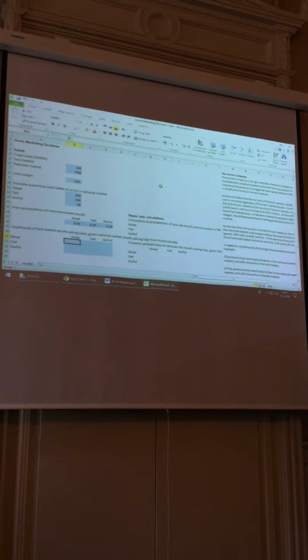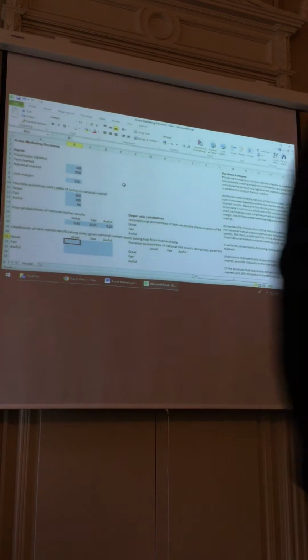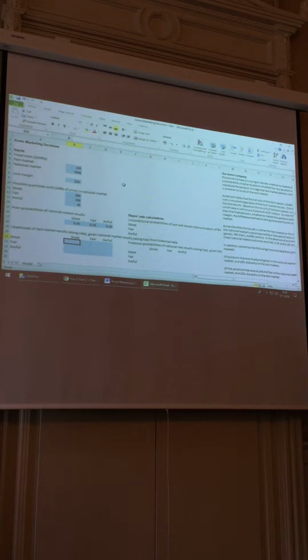So you just have to be careful and enter the data correctly, right? So here's our priors, great, fair, and awful. And here's our likelihoods. Now, likelihoods of test market results along the side.